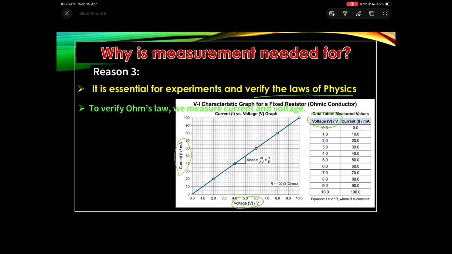And if the graph is a straight line, you know the device obeys Ohm's law. To plot the graph, you need data, you need the numbers. For that, you have to make measurements with a voltmeter and with an ammeter. So the third reason, why do we make measurements? It is a must to verify the rules in physics.